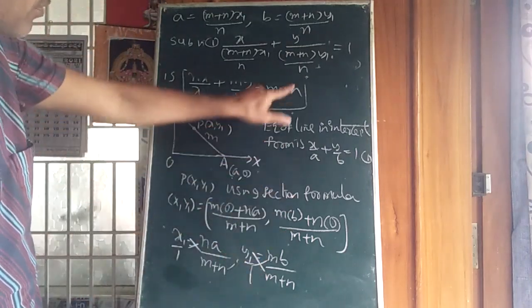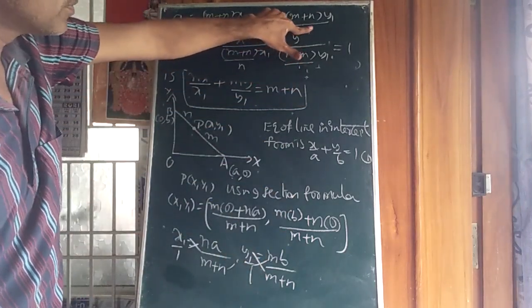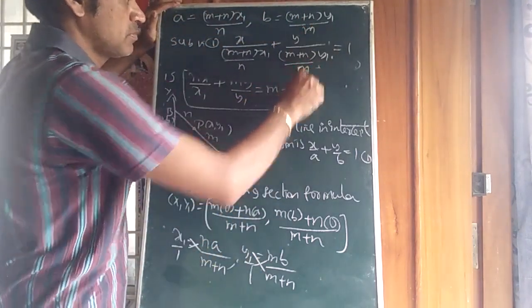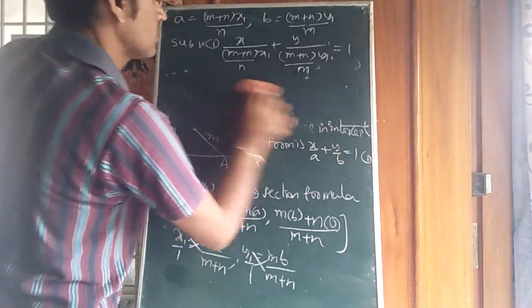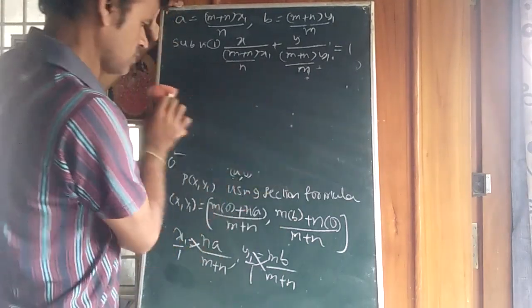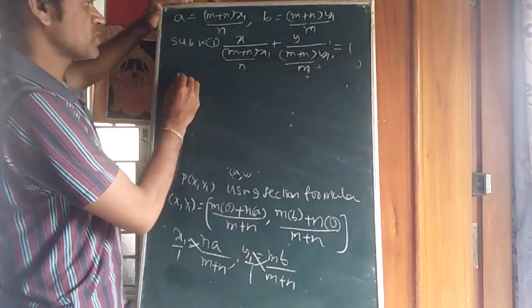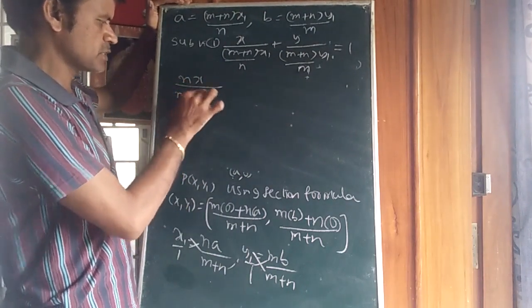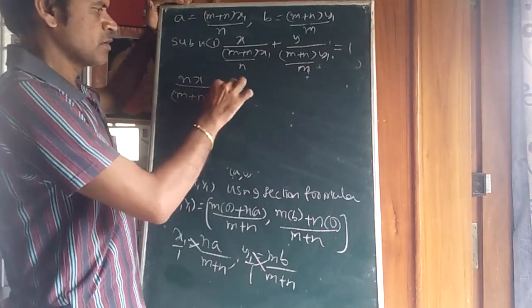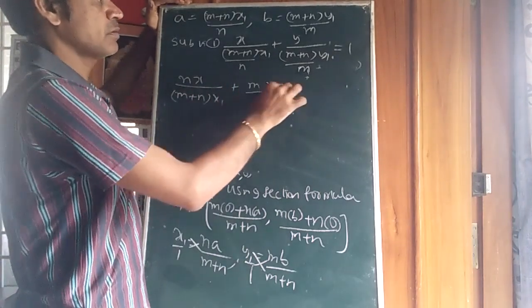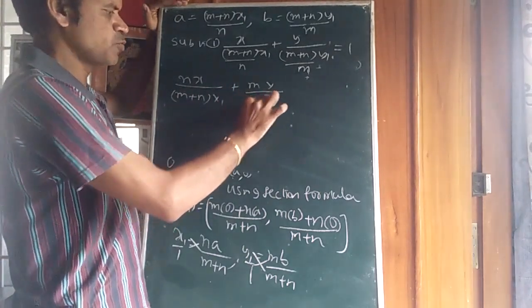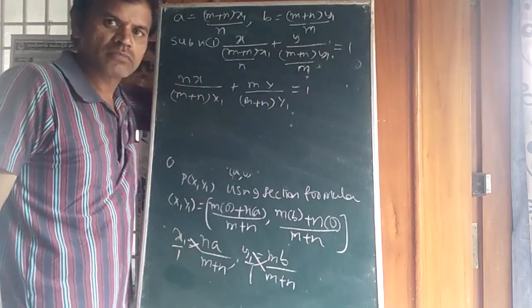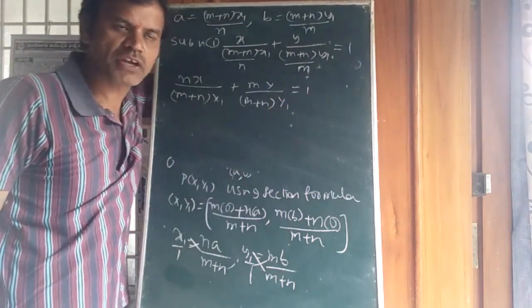Not here m, here m. Take n upside: nx by (m plus n) into x1 plus my by (m plus n) into y1 equal to 1.